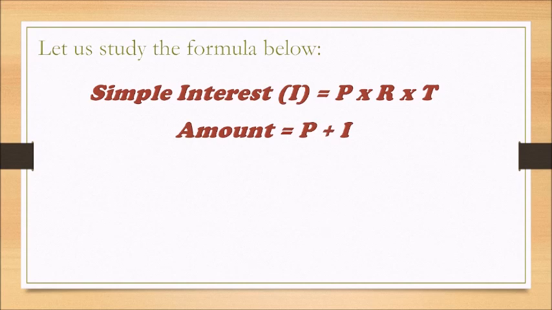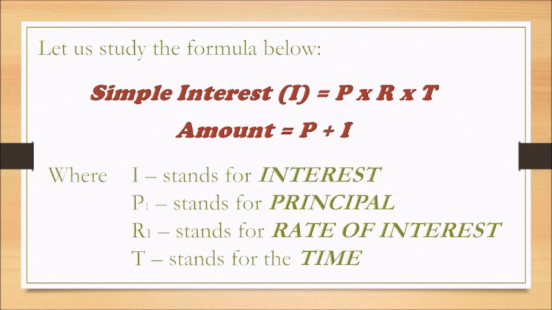Simple interest, I, is equal to P times R times T, and amount is equal to P plus I, where I stands for interest, P stands for principal, R stands for rate of interest, and T stands for time.